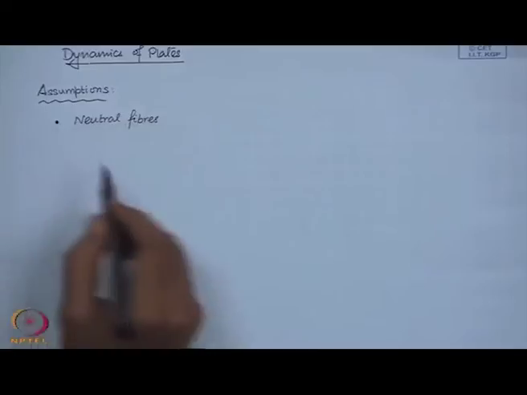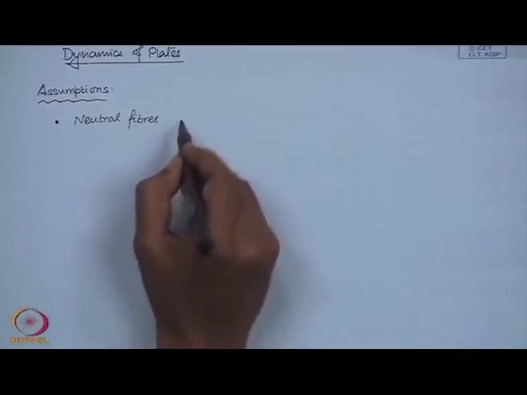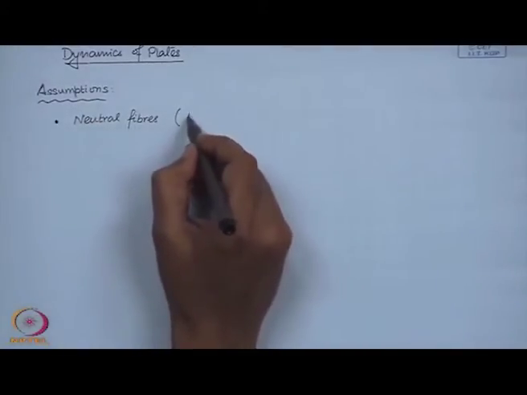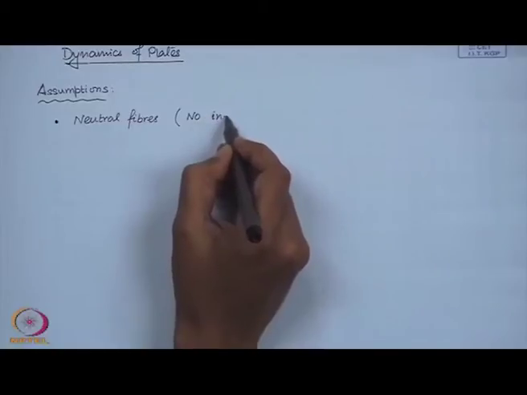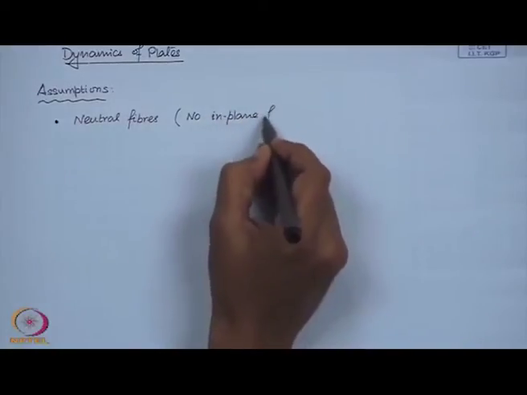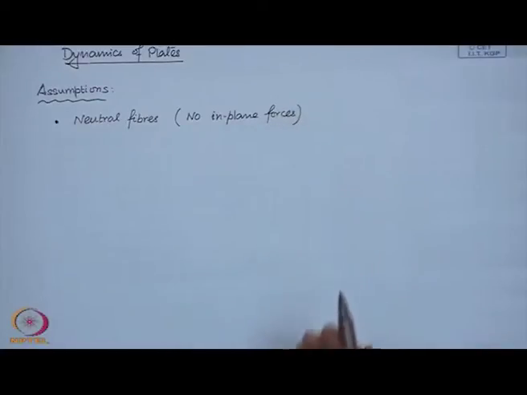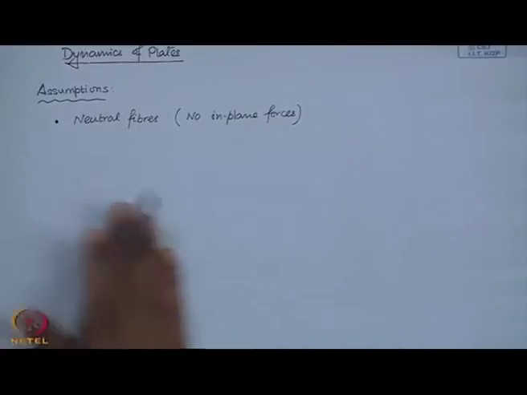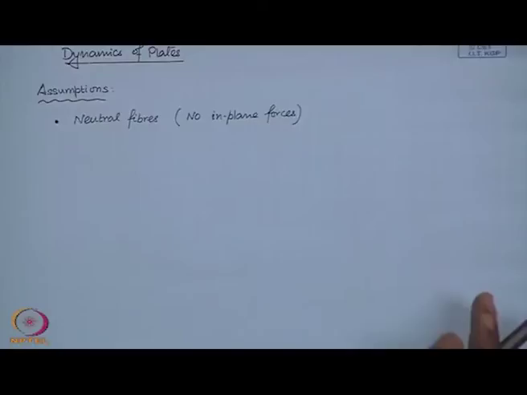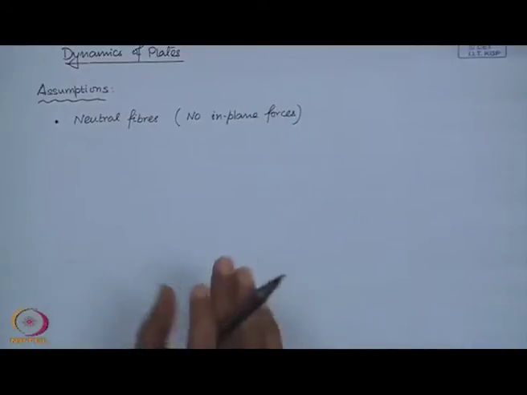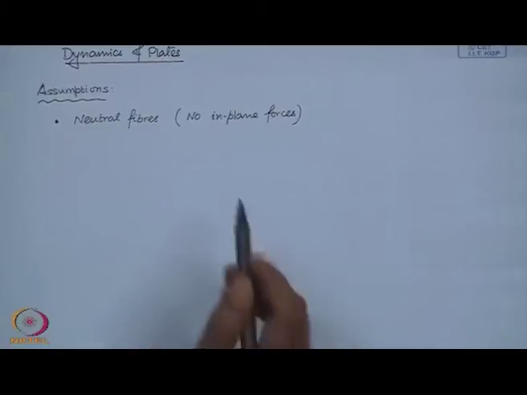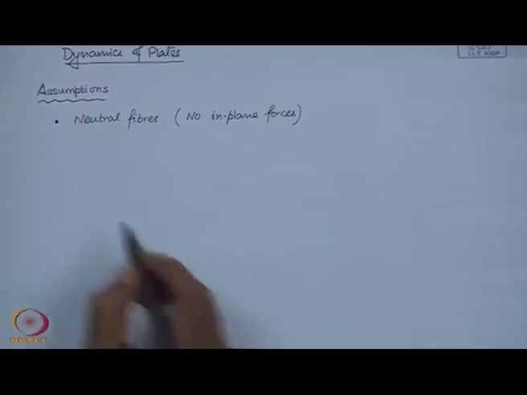We assume the presence of neutral fibers, which occurs if you do not have in plane forces in the plate. So the plate is not subjected to any in plane forces. Then when the plate undergoes small transverse vibrations, there are fibers which remain unstrained.